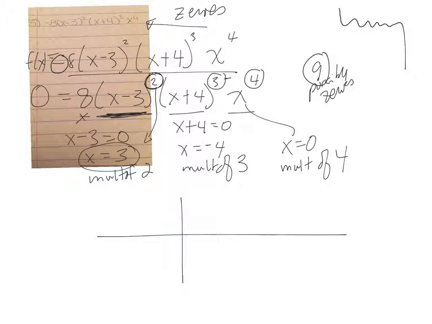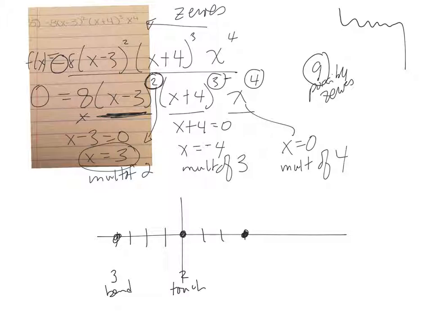If these are the zeros, then at x equals 3, 1, 2, 3, right there. X equals minus 4, 1, 2, 3, 4, right there. And x equals 0. At the minus 4 one, the multiplicity is 3, which means there has to be a bend at that point. At 0, the multiplicity is 4, and 4 is an even number, so it just touches the graph at that point.